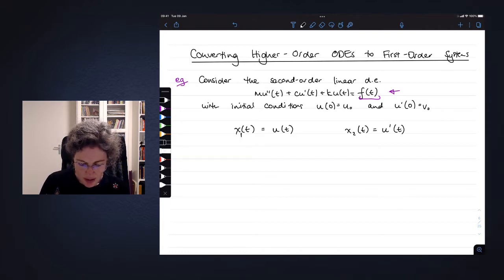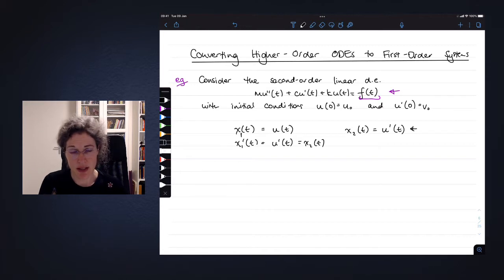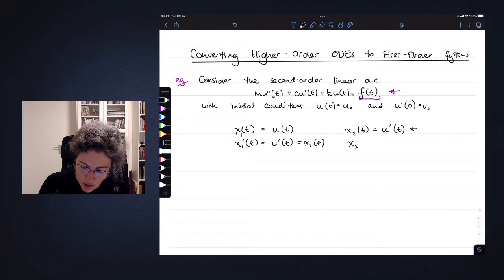So now I'm going to take the derivative of both of those. So I've got the derivative of x1 of t is just going to be the derivative of u of t. So in fact this is, by the definition that we've just got over here, going to be equal to x2 of t. So far I haven't done anything particularly interesting, but I'm also going to take the derivative of x2 of t, which will be the second derivative of u of t.